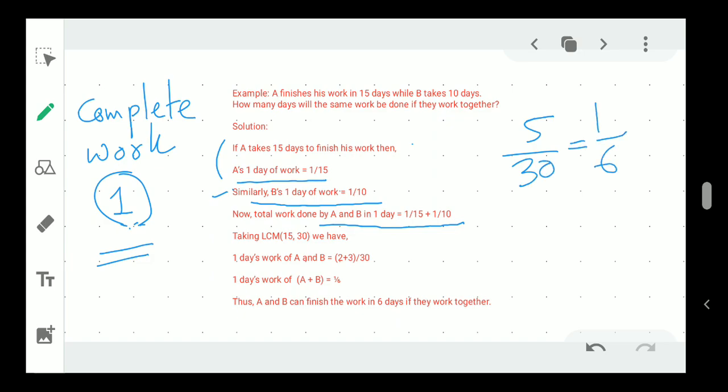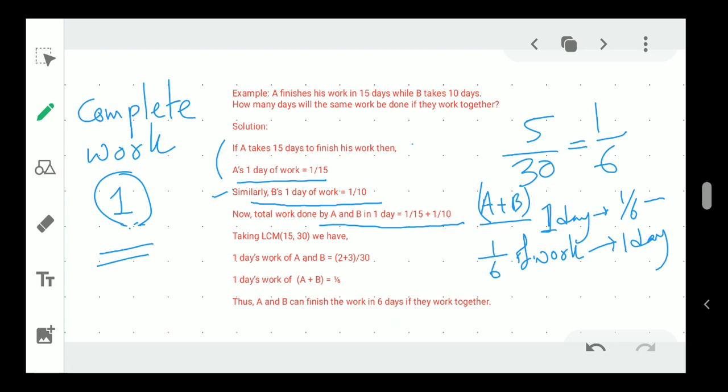So that means A plus B, both will do in 1 day how much? In 1 day they will do 1 by 6th of a work. Fine. So 1 by 6th of work will be done in 1 day.